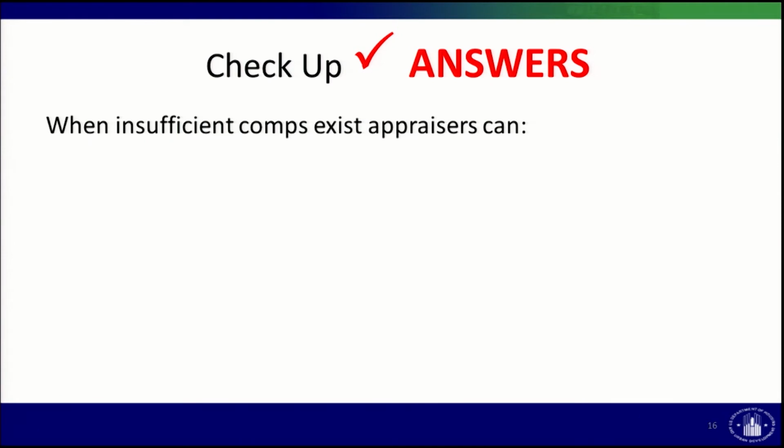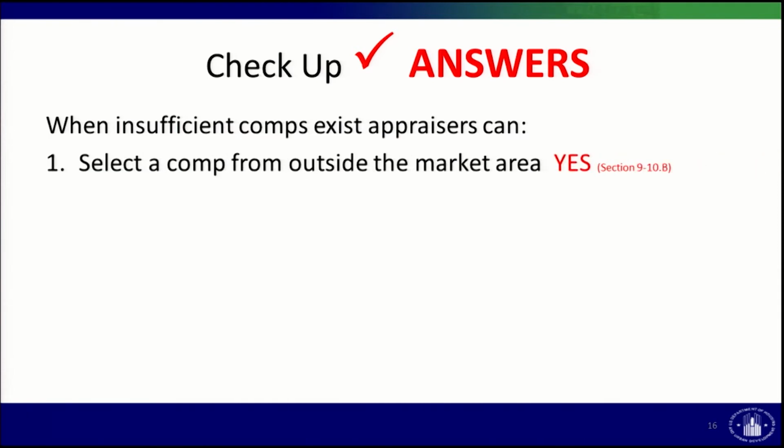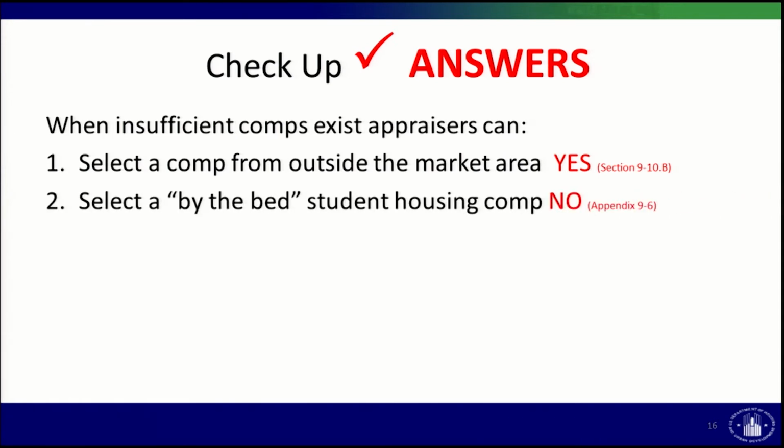The question was, when sufficient comps don't exist, can appraisers select a comp from outside the market area? That's contained in section 9-10B for more details. The answer is yes. Select a by-the-bed student housing comp. No, an appraiser cannot select a by-the-bed student housing comp. Ask HUD for information.